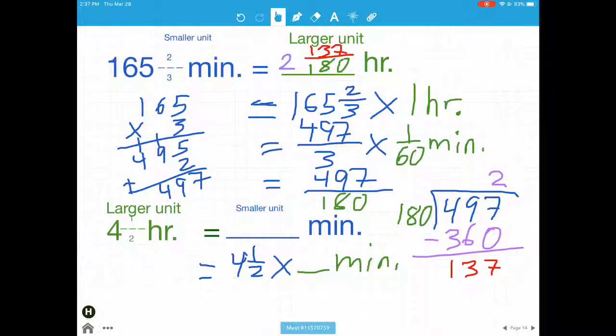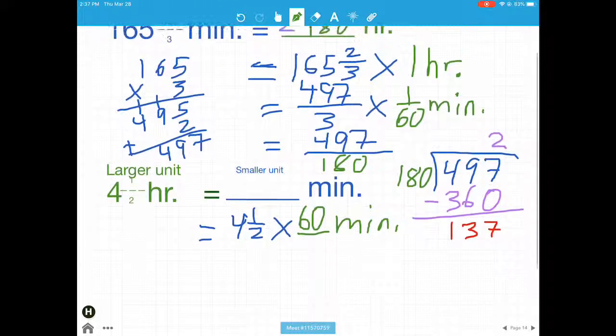Because we're going through that, we're actually going to multiply, because a larger unit is going to be more smaller units. 1 hour, just think about it, 1 hour has 60 minutes. So it goes from larger to smaller, you're actually multiplying. So it's 60, the whole number 60.